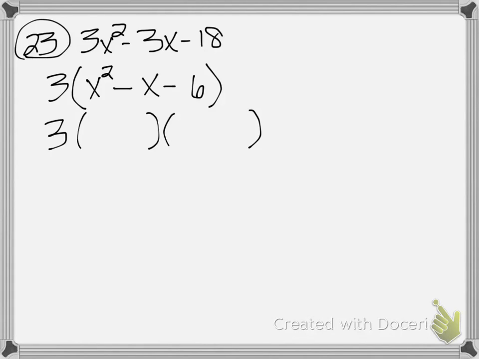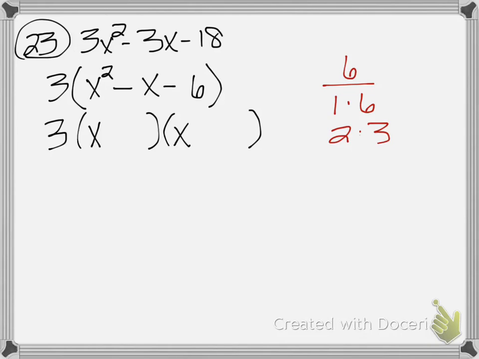We can think of factors of 6 that add up to -1. So our first factors would be x and x. Are there factors that multiply to get -6 but add to get -1? And remember with 6, you don't have a whole lot of options. You've got 2 and 3 or 1 and 6. How could you possibly get them to add to be -1?